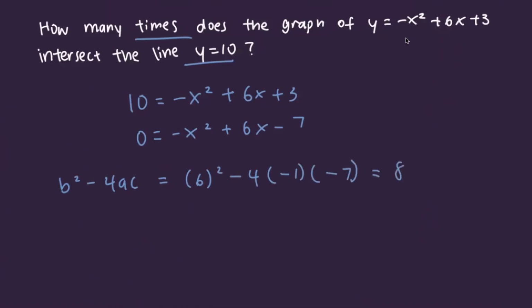And since our discriminant is positive, that means that there are 2 real solutions, which also means that there are 2 intersection points.